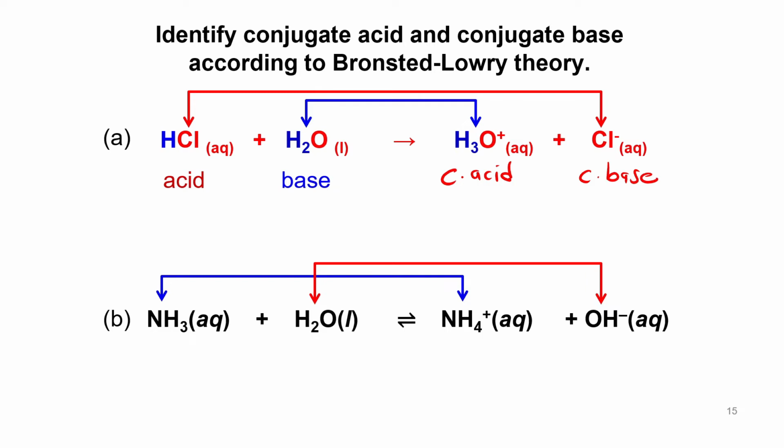H2O becomes conjugate acid. Okay, so kalau yang di bawah, this one is base. Bila dia accept a proton from H2O, H2O is an acid. Jadi acid ni dia akan bagi H kepada NH3. So NH3 becomes NH4+. So this is conjugate acid, and then this one is conjugate base. Okay, alright.